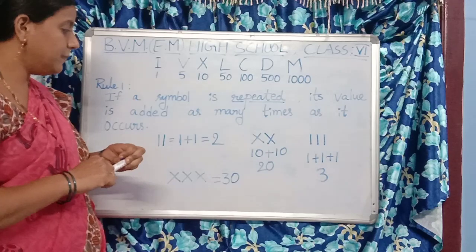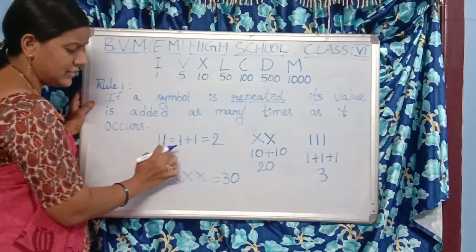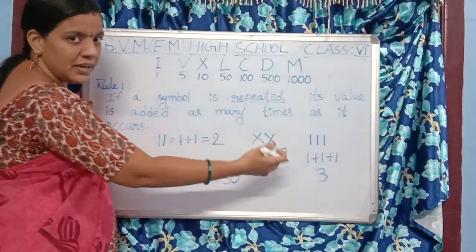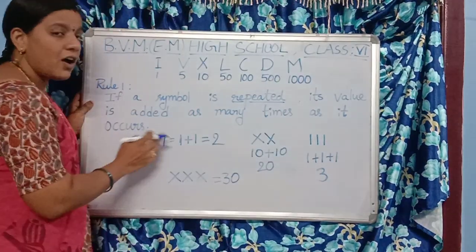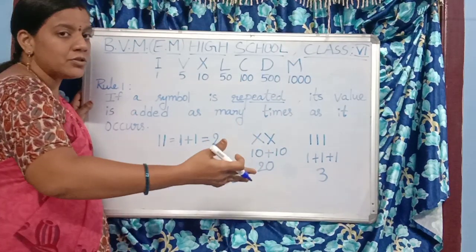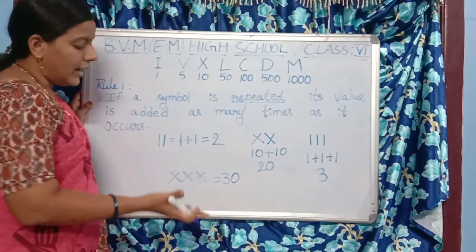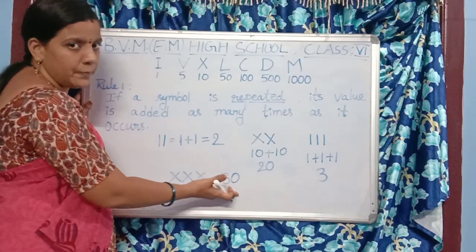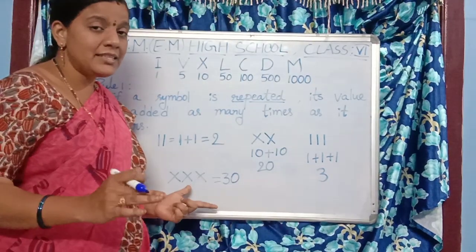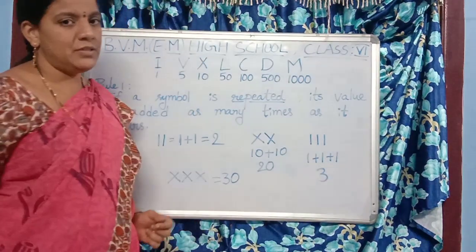Look here, children. If a symbol is repeated, its value is added as many times as it occurs. Okay, and we will get the number. But we have to repeat a symbol up to only 3 times.